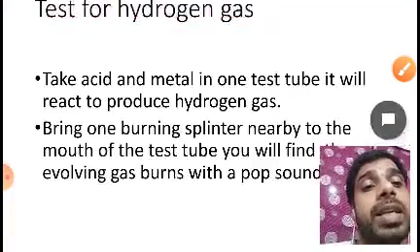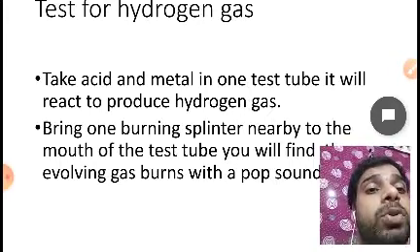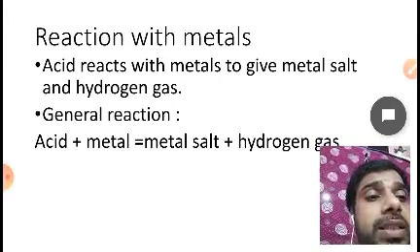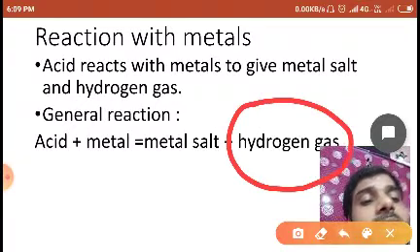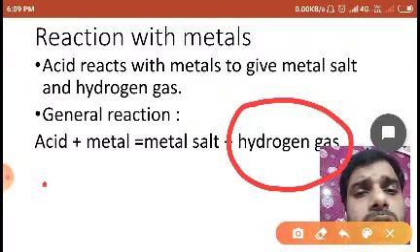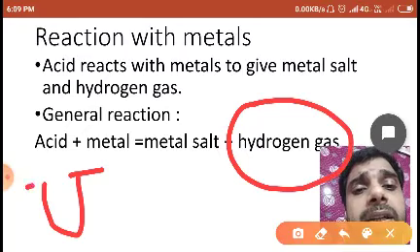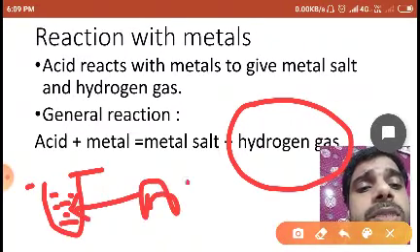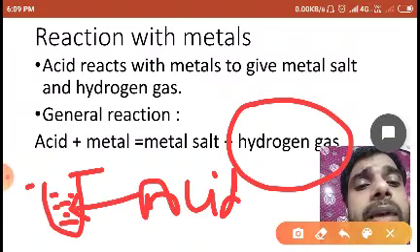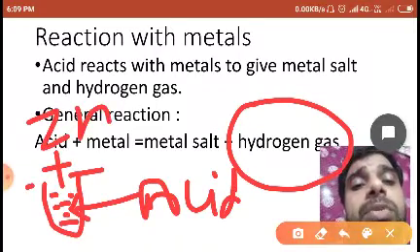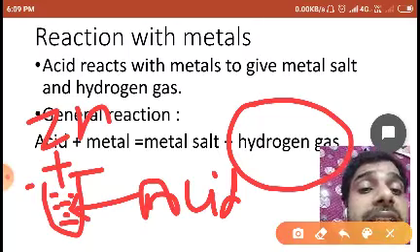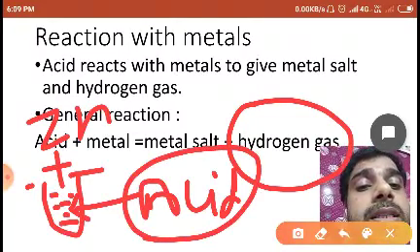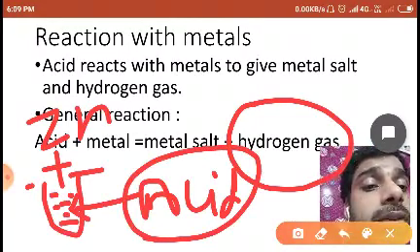Okay, now the next property is the test for hydrogen gas. As you know, this reaction is evolving hydrogen gas. Let me show you one experiment activity. Here I have taken some acid and added some metal like Zn. Zn will quickly react with acid and give a metal salt.